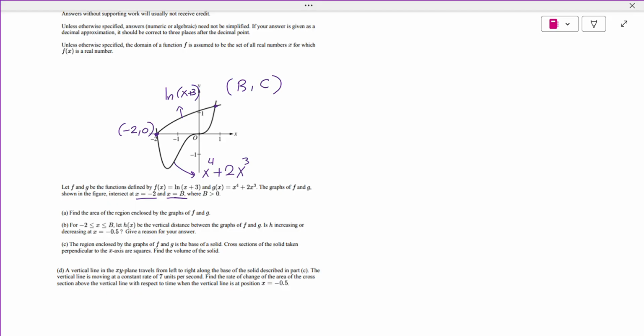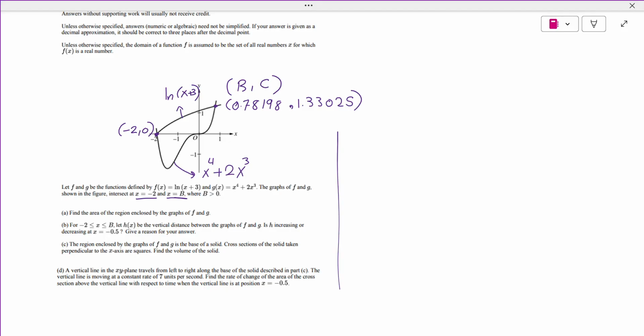Now, if you find the intersection point using the graphing calculator, it will be 0.78198, comma, 1.33025. So I will be referring to the first number with B and the second number with C. Find the area of the region enclosed by the two graphs.